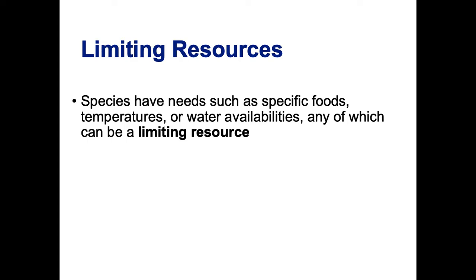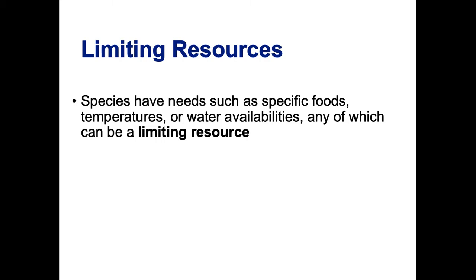Limiting resources are a resource that controls how well a species can survive and reproduce. And the limiting resource is the one that if you can add more of it, the species will increase. So they'll either have better survival or reproduce better if you add this limiting resource in.